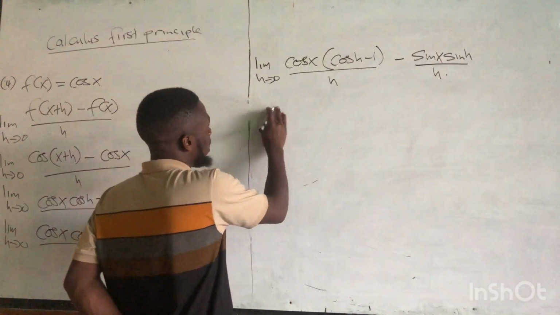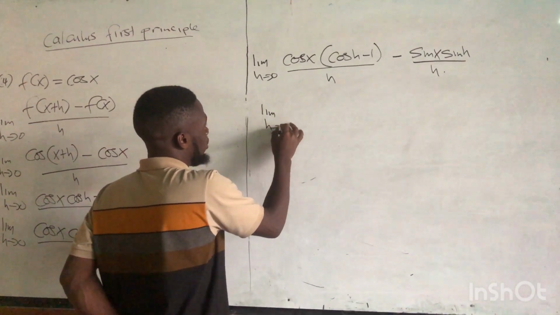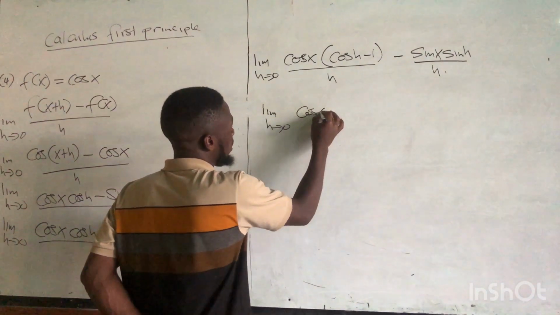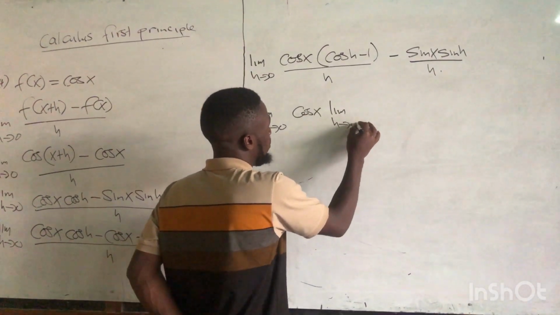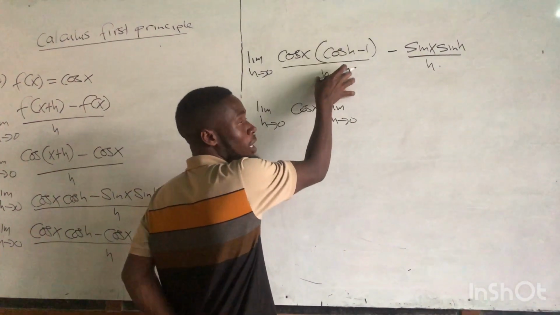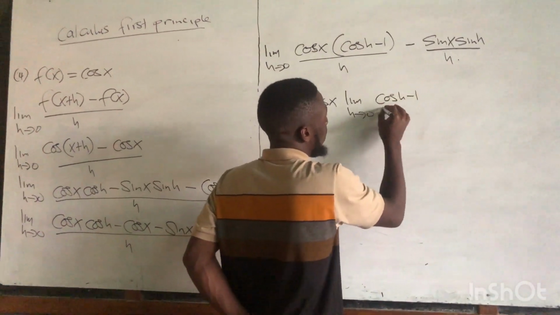Again you can do the same thing here. Limit as h approaches 0 of cos x times cos h minus 1 over h, minus sin x times limit as h approaches 0 of sin h over h.